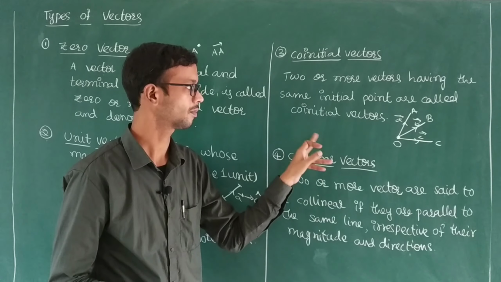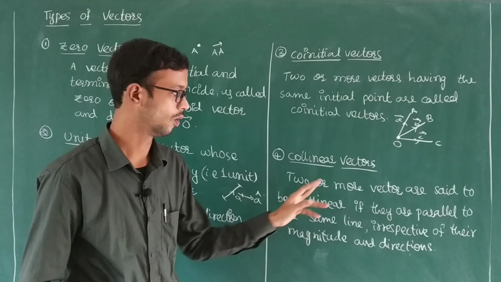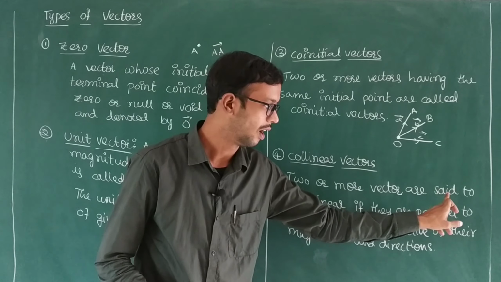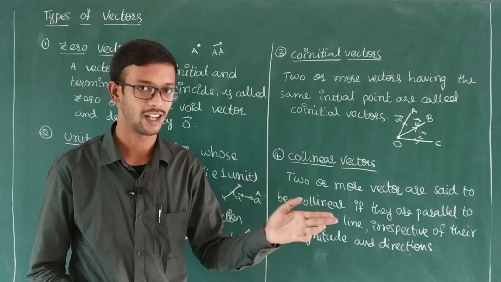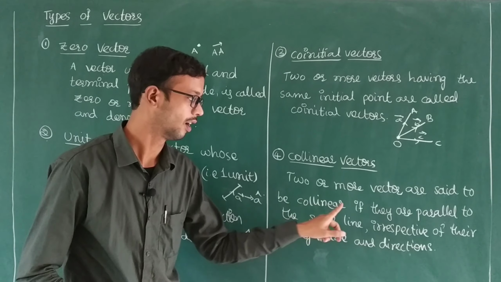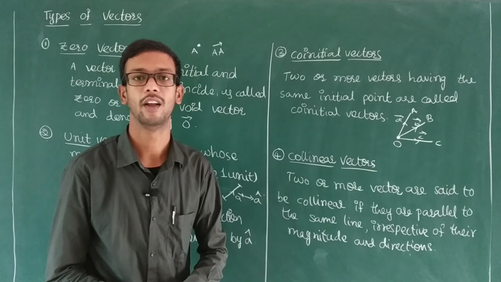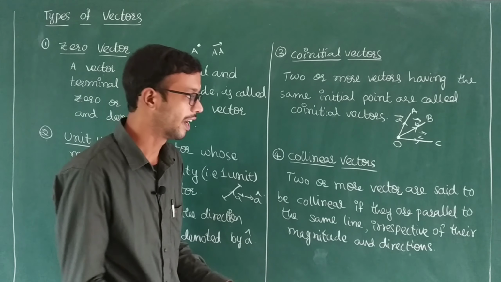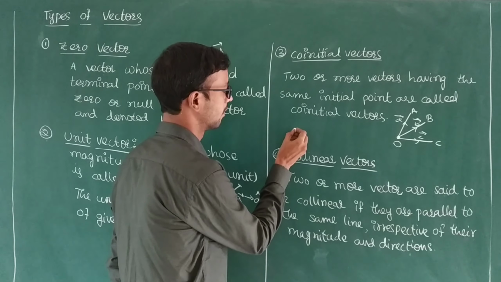Next one, collinear vectors. Two or more vectors are said to be collinear if they are parallel to the same line. For example, I draw the diagram.